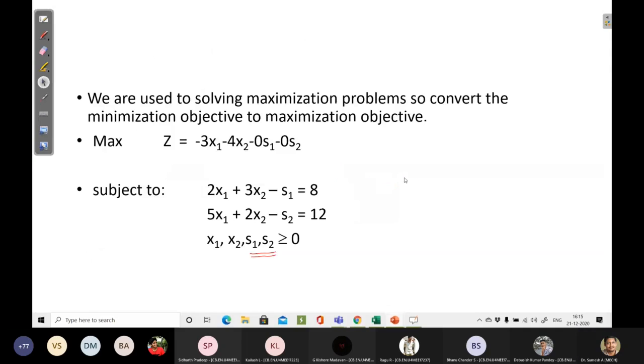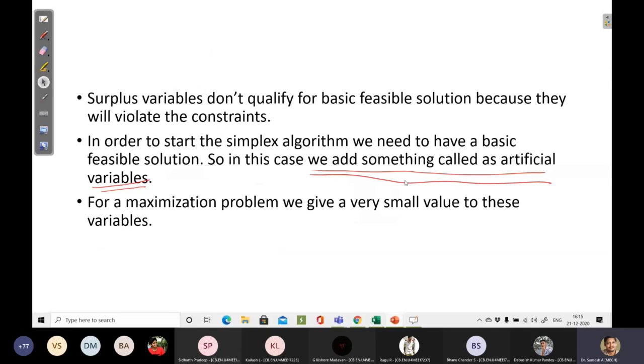The constraints can be of three types. One, it can be of less than or equal to symbol.